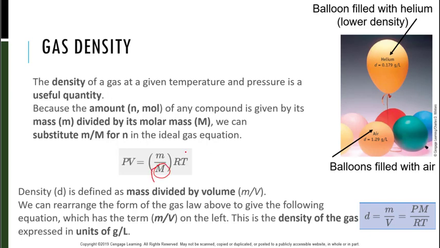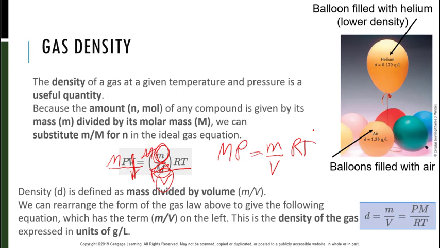I have to multiply capital M on both sides to get rid of that M. Now to get m over V, I need to divide both sides by V so that I have m over V, but that leaves me with MP is equal to m over V RT.